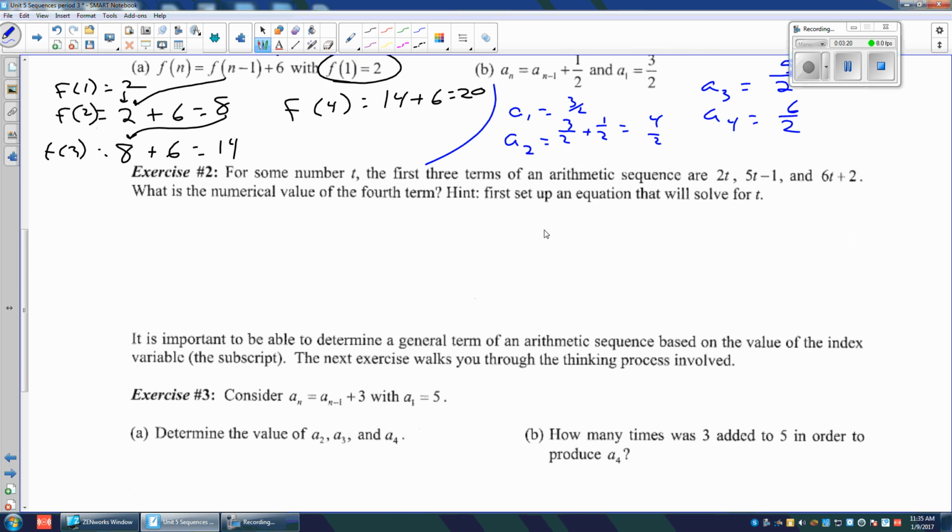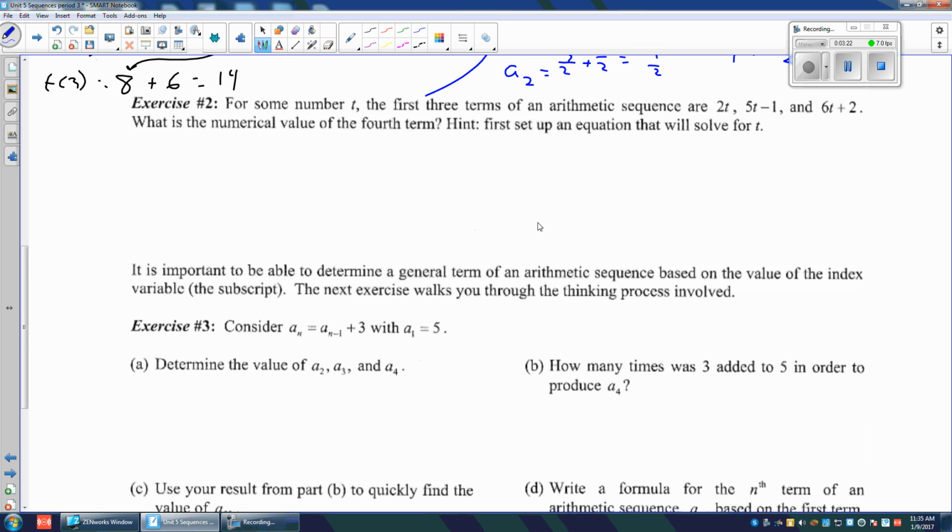Exercise number 2. For some number t, the first three terms in an arithmetic sequence are 2t, 5t minus 1, and 6t plus 2. What is the numerical value of the fourth term? Hint, you first have to set up an equation that'll solve for t. Okay, this is an arithmetic sequence.